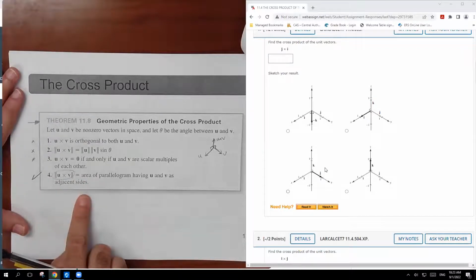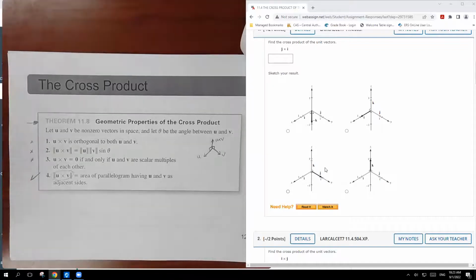There's a proof for this one, but we're going to use it to find the area of a parallelogram. When they ask you to find the area, they're going to give you two vectors, like the length and the width. That's it.